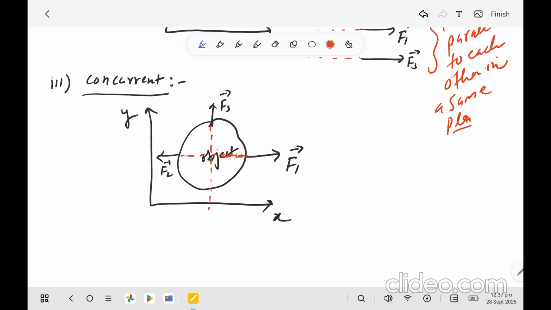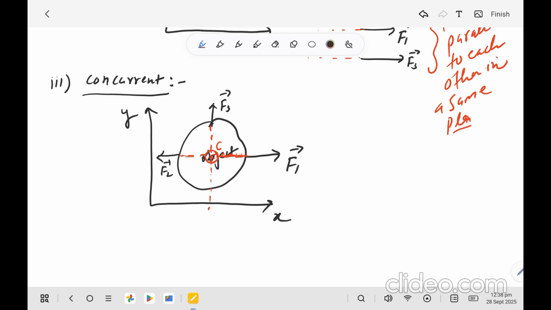So if we look at the lines of action of these forces, the line of action of F1, the line of action of F2 and the line of action of F3 meet at this point C. It means they intersect at a common point C. So this type of forces falls in a concurrent coplanar system of the forces.